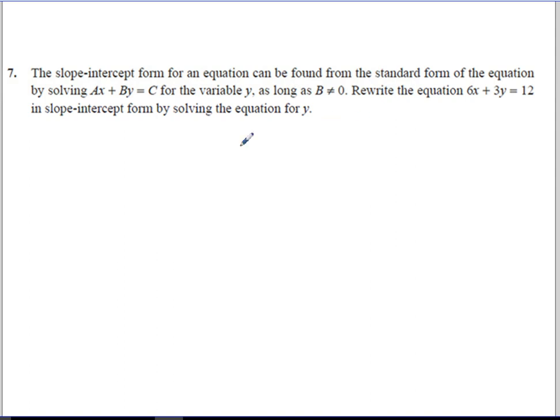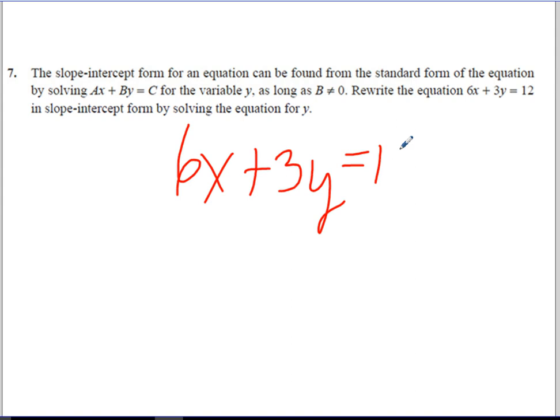So we're going to take the equation 6x plus 3y equals 12 and put it in our slope-intercept form. And so here we have 6x plus 3y equals 12. We've done solving for a variable before. We want y by itself. So first we have to move that 6x over. And so we're going to subtract 6x from both sides.